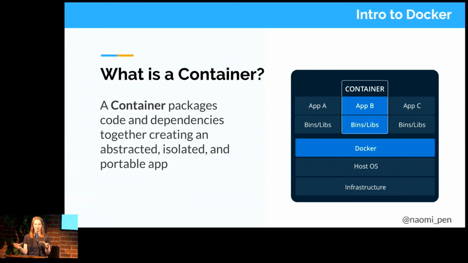The way containers work is, again, you've got some infrastructure, but this time on top of that you've got a host operating system, and then you've got Docker installed on top of that, or some other containerization framework. Then the container itself doesn't have an operating system in it. It has some binaries, again, and it's got the app. So right away you see it's a bit smaller.